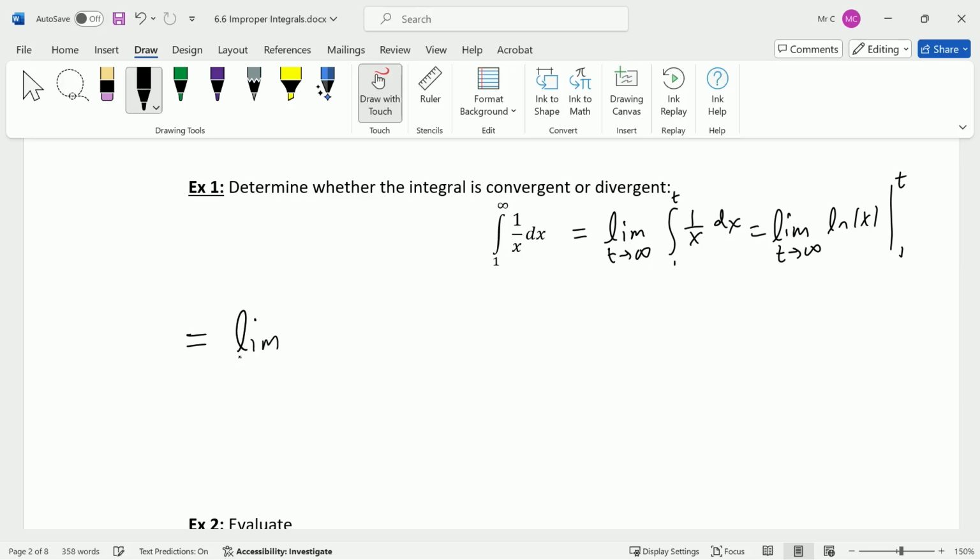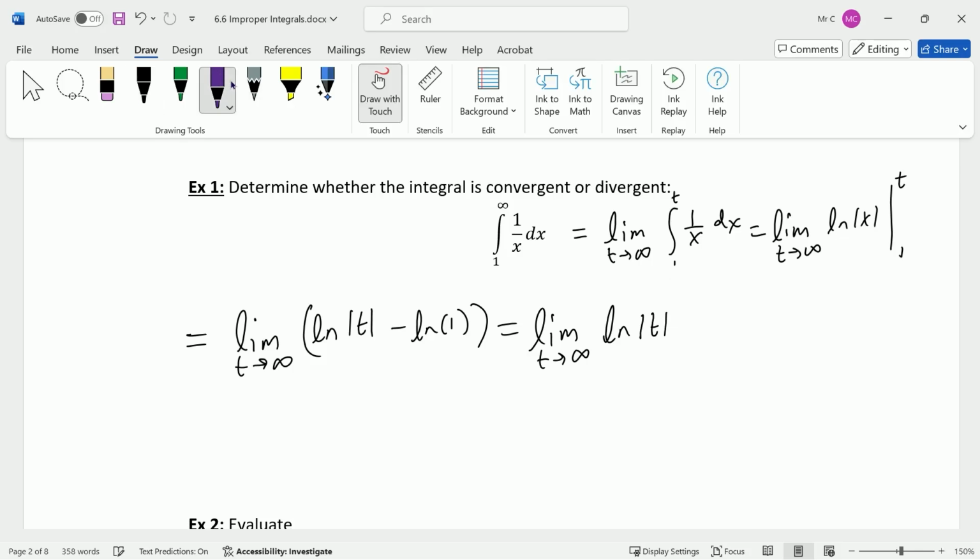And so this becomes the limit as t goes to infinity of ln of the absolute value of t minus ln of 1. And ln of 1 is 0. So this is just the limit as t goes to infinity of ln of the absolute value of t. And we know that when t goes to infinity, the natural log function also approaches infinity.